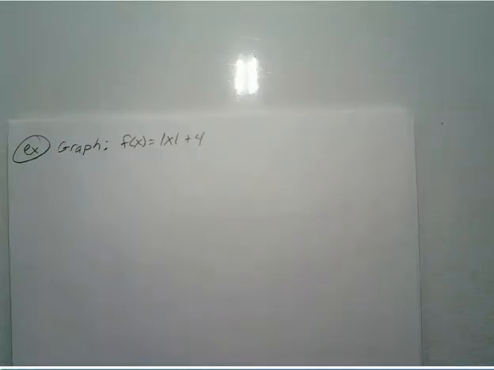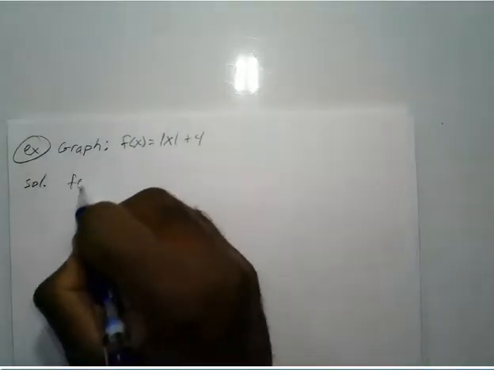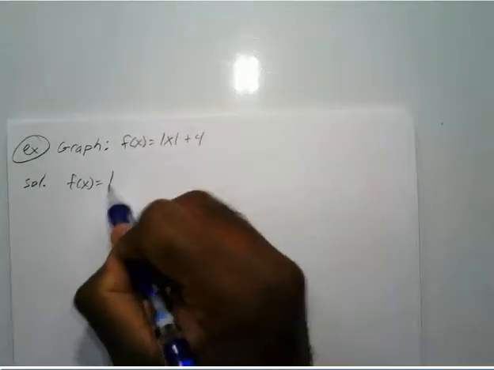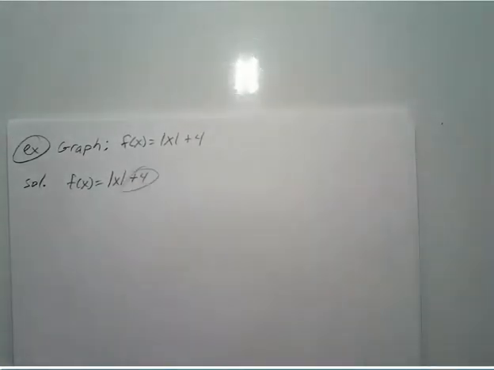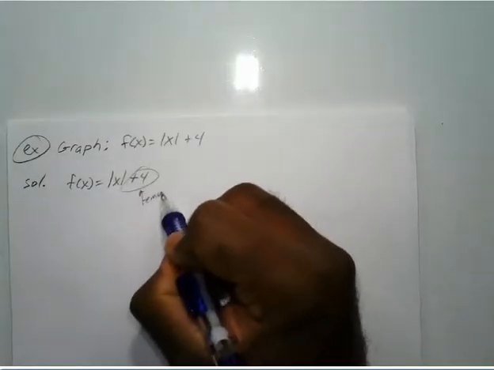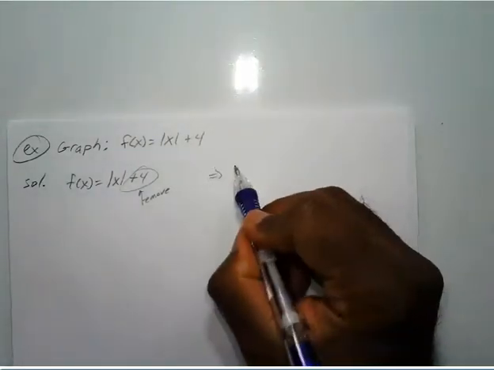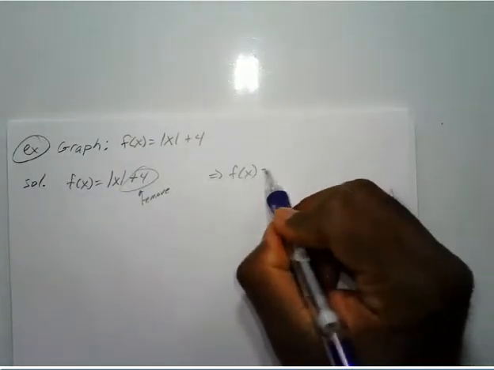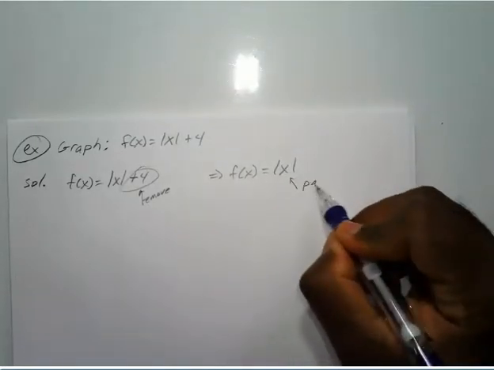Okay, so remember from the last example, the very first thing you do is you want to find your parent function. Okay, so we know that f of x equals absolute value of x plus 4. We're going to drop that constant. So we're going to remove this one. And that just leaves f of x equals absolute value of x as our parent function.